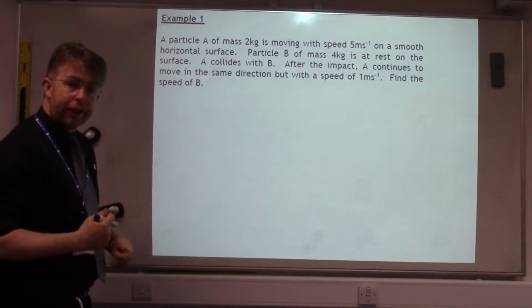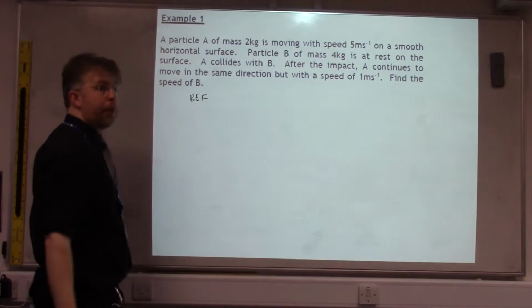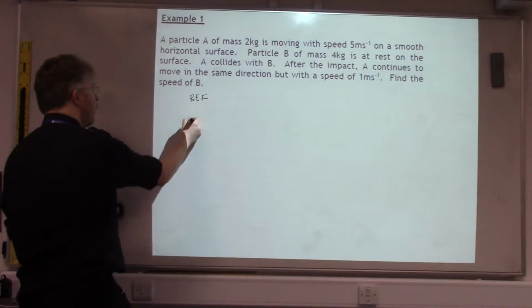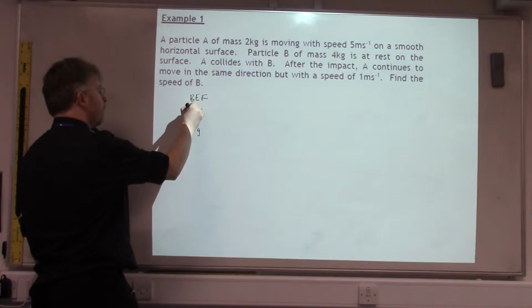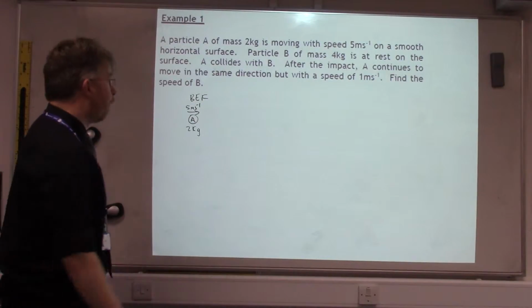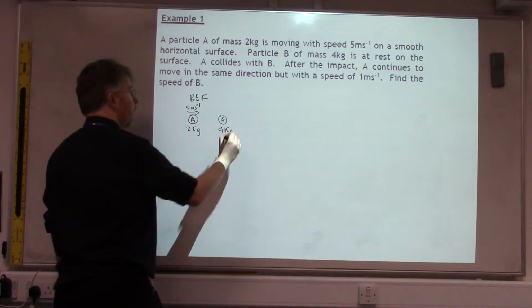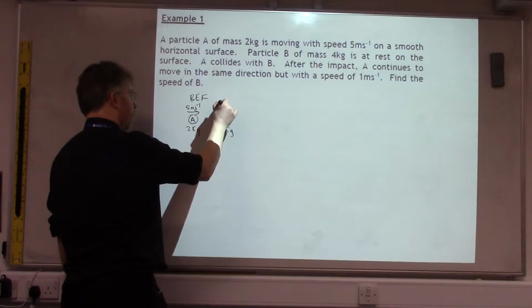So, very often, as in many branches of mechanics, it's best to do a sketch to illustrate the scenario. So we've got particle A of mass 2 kilograms moving with a speed of 5 meters per second. Particle B of 4 kilograms is at rest on the surface. So at rest means it has a speed of 0.